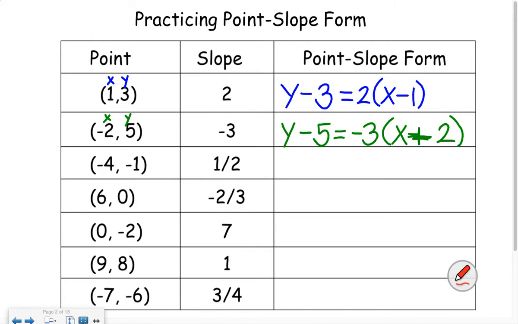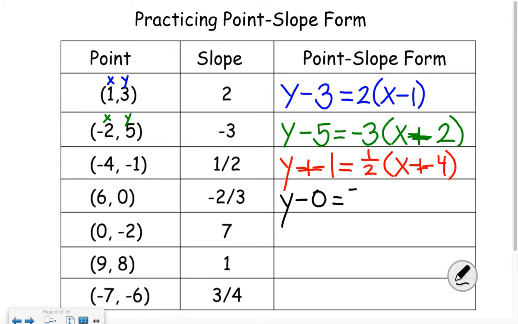All right, third one: y minus, my y coordinate is negative 1, so I'll have a plus again, equals my slope, which is 1/2, times x minus a negative 4. Y minus 0 equals negative 2/3 times x minus 6.